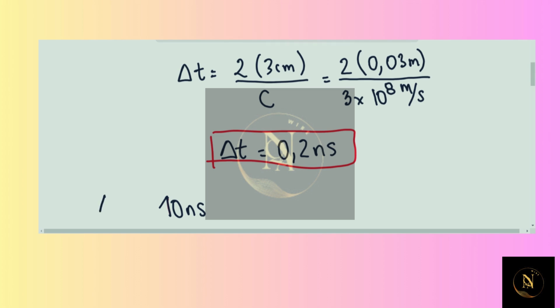So as you can see, delta t, the time that we obtained, is less than that value. So the correct answer for this problem is D. That is that the photons will be counted as having arrived at the same time, or simultaneously, with a time difference of 0.2 nanoseconds. So that's D. So this is it for this problem.